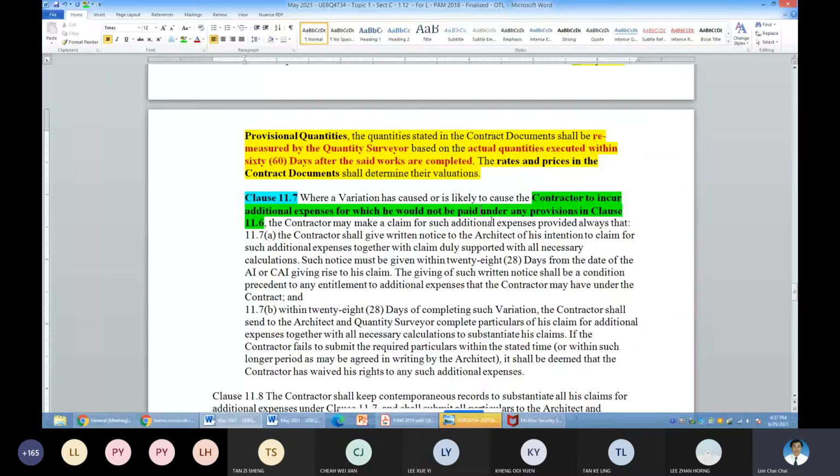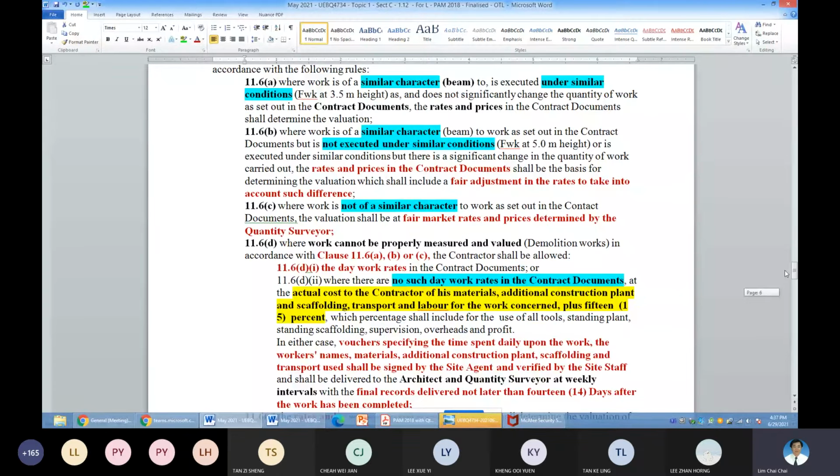If the contractor finds that although they are paid once already for the work done and evaluated under clause 11.6, it means 11.6 A, B, C, D and so on. These are the clauses under which the contractor is paid.